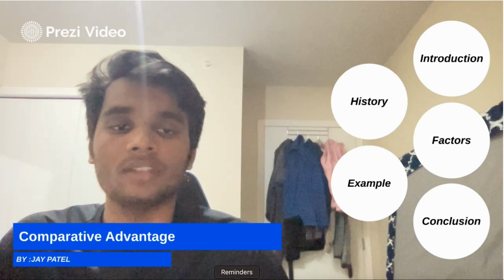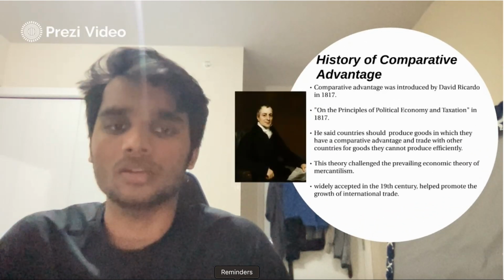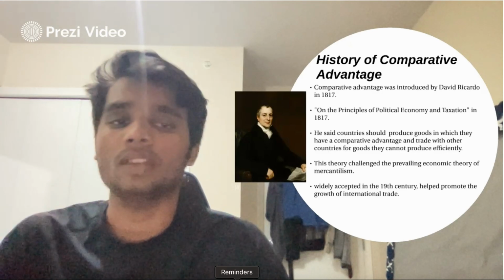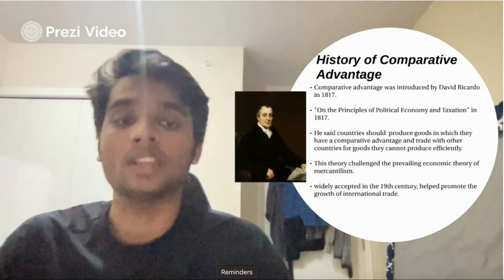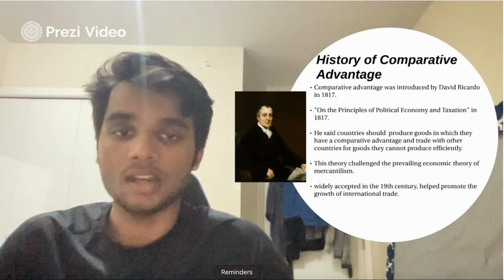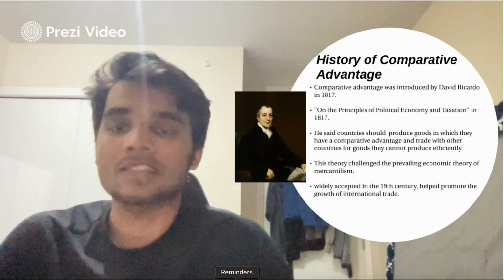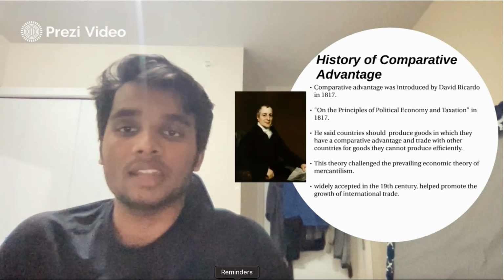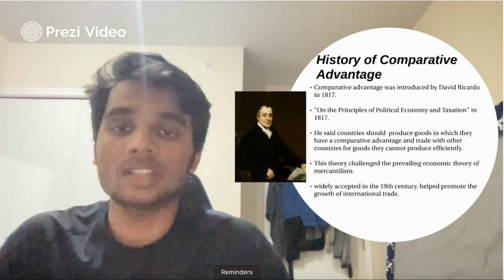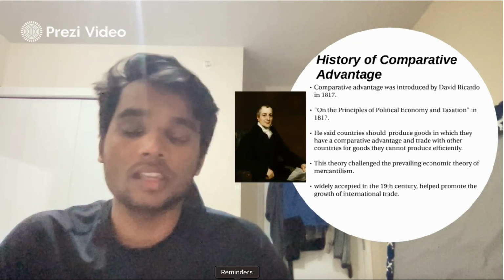If we go forward from there, we can talk about the history. It was basically David Ricardo who came up with the idea of comparative advantages in his book on the principles of political economy and taxation. What he said is basically that every country should produce anything that it can produce efficiently.